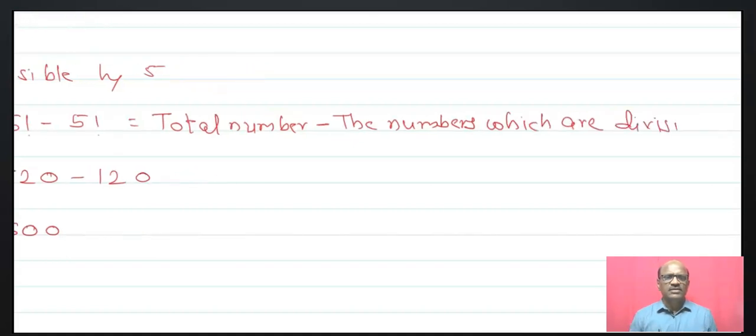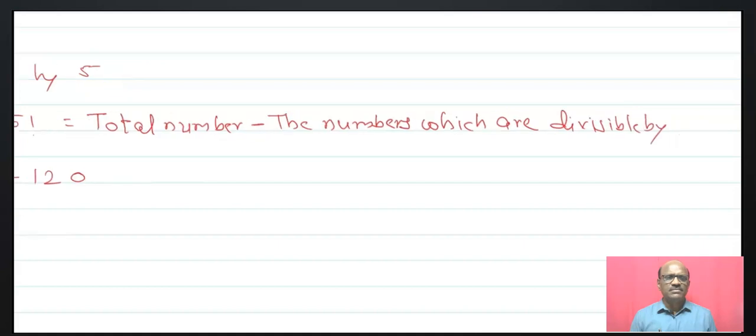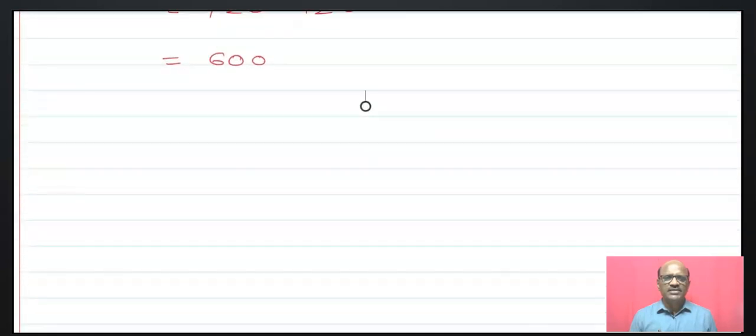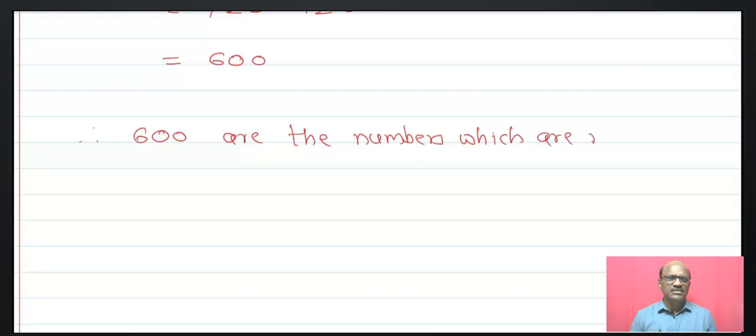That is 720 minus 120, that is equal to 600. 600 are the numbers which are not divisible by 5.